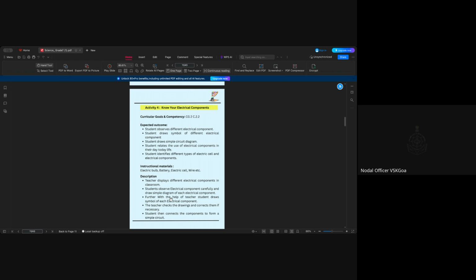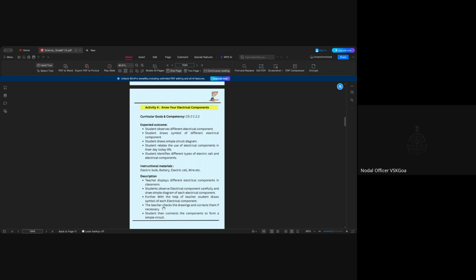This can also be a group activity, that is think, pair, and share. You can give this particular activity, and then the teacher can go around and have a look at the drawings. If there is a correction needed, you can do the correction with respect to the symbol drawn. And then you can tell them finally to connect all these components and form a simple circuit.